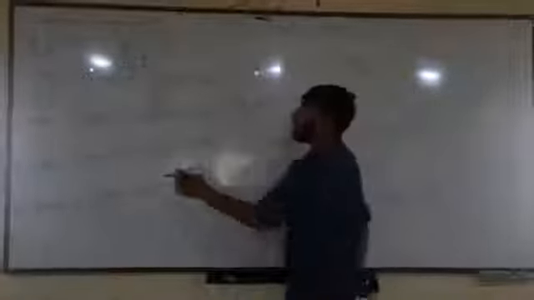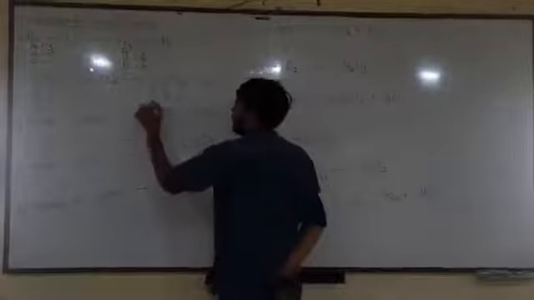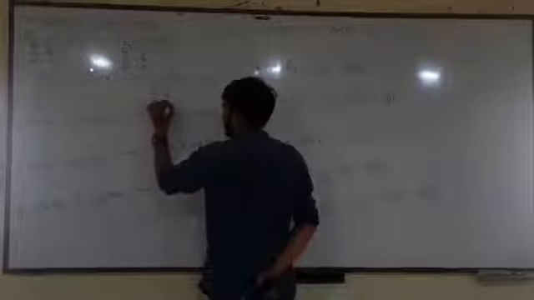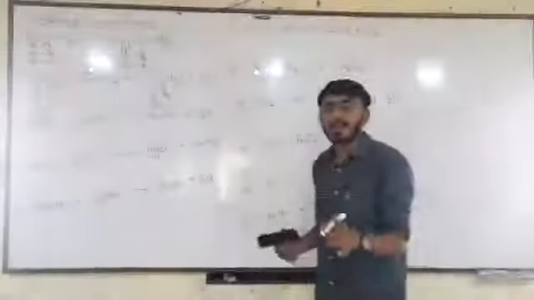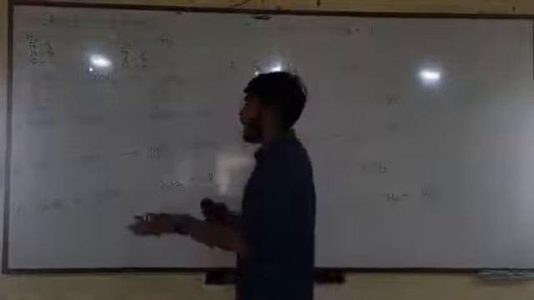So 3 twos are 6 plus 1, I am having 7 oxygen over here, and last I am left with calcium, that is 1. So students, here you can see only one element is equal, that is calcium 1 and calcium 1. Everything else I need to balance.